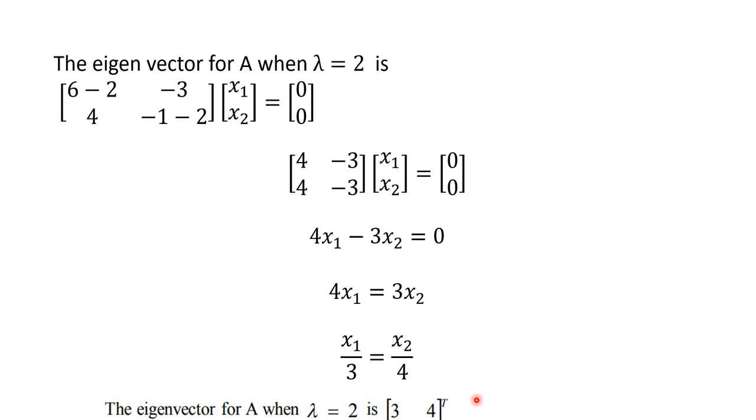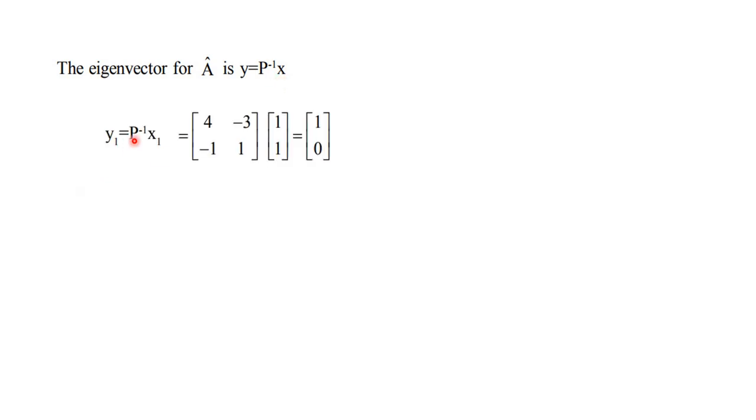So we calculated the eigenvectors: for lambda equal to 3 it is [1, 1] and for lambda equal to 2 it is [3, 4]. Now we have the condition: if X is an eigenvector for A, then the eigenvector for A cap is Y equal to P inverse X. That is, y1 equal to P inverse x1 and y2 equal to P inverse x2.